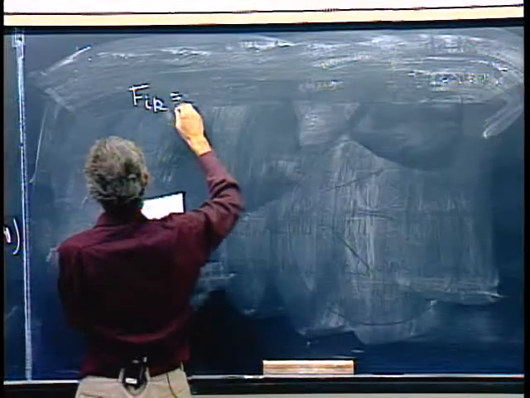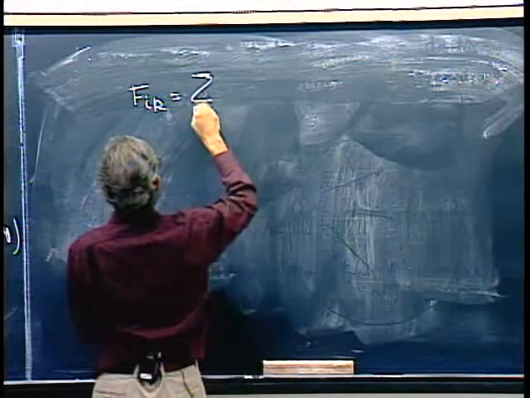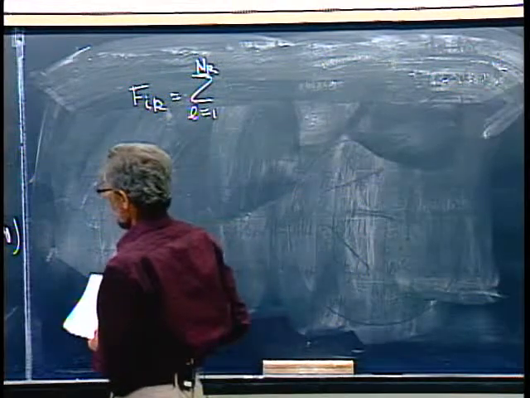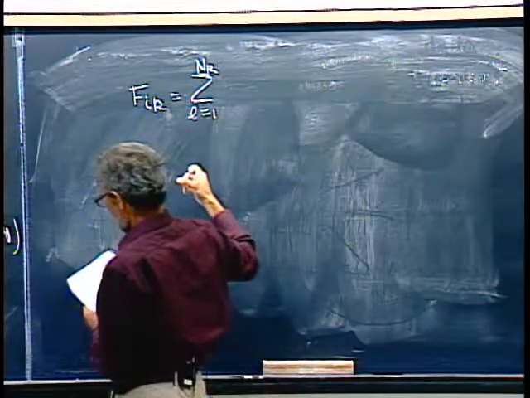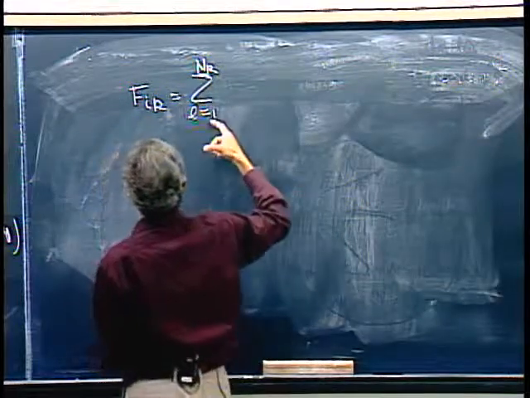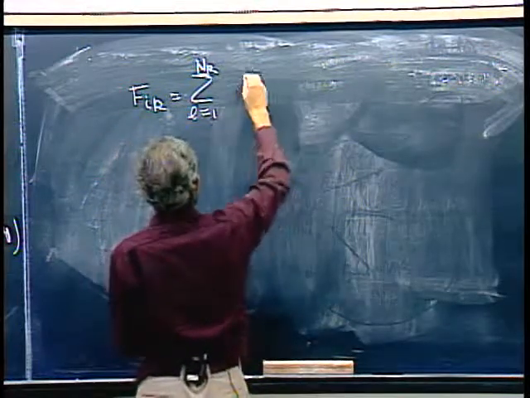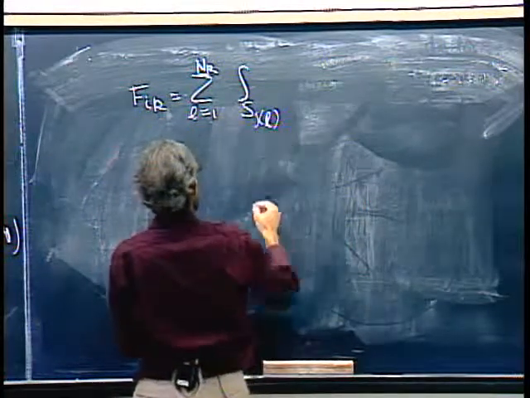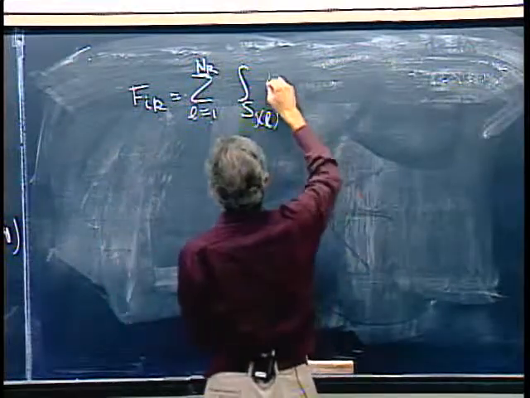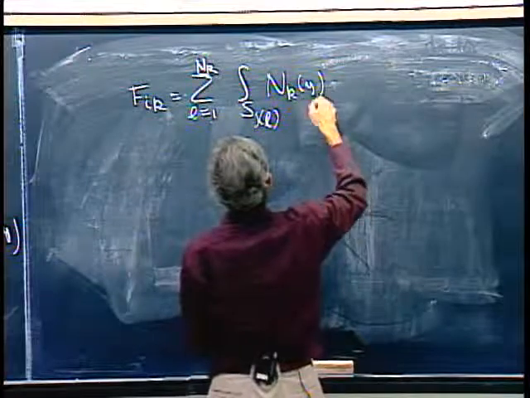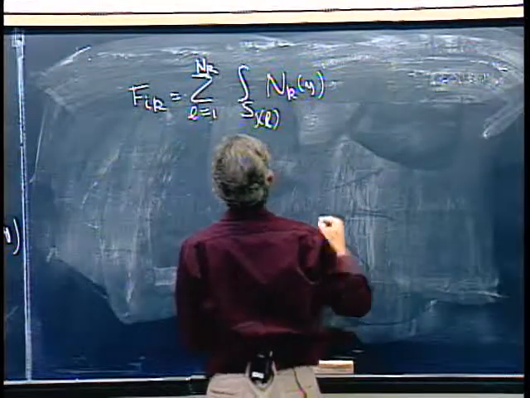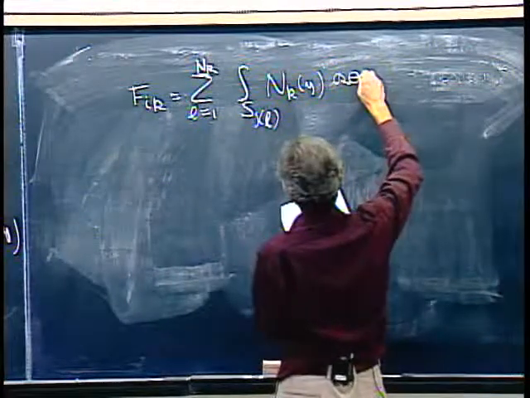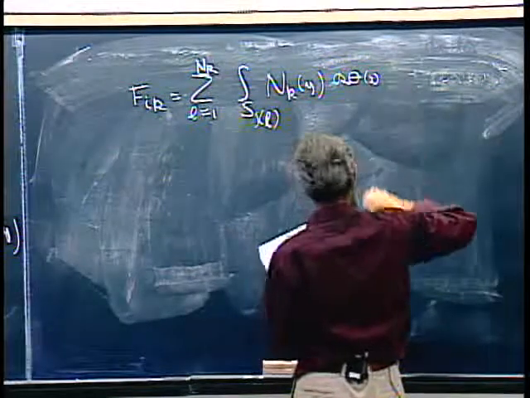F_ik is the sum over l equals 1 to n_k, where k is a vertex and n_k is the number of triangles that share that vertex, and we're going to integrate over each of these triangles, say j_l, the subscript for the l-th triangle, of N_k(y) cosine theta x, sorry, wrote this wrong.